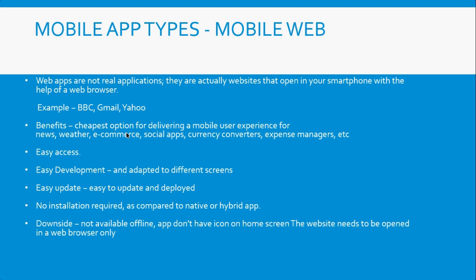So one of the benefits is that you can have these applications displayed on any mobile device. They also give a good user experience; for instance, BBC provides news, Yahoo and Gmail provide email delivery.